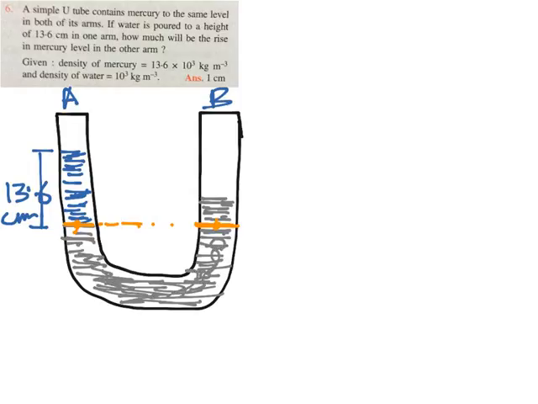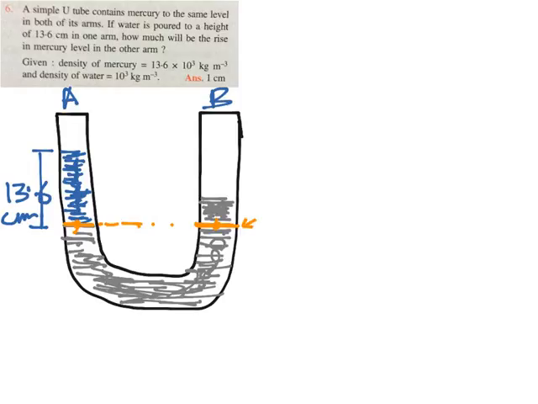The pressure at this point is caused by this column of water, and the pressure at this point is caused by nothing but this rise in mercury level. So these two points must have the same pressure.